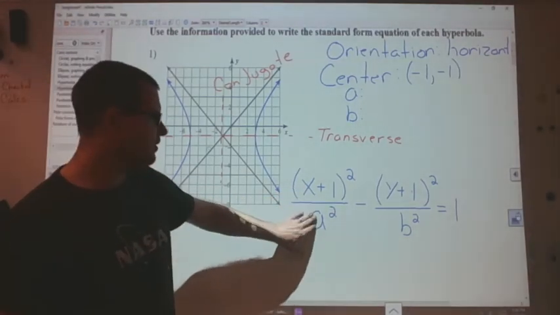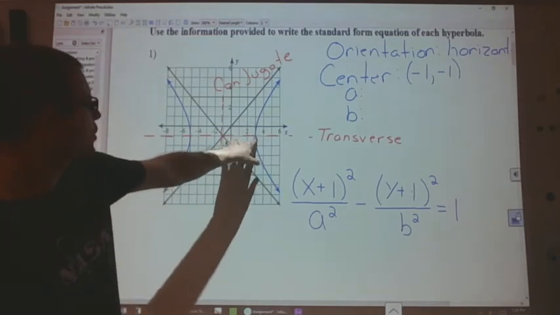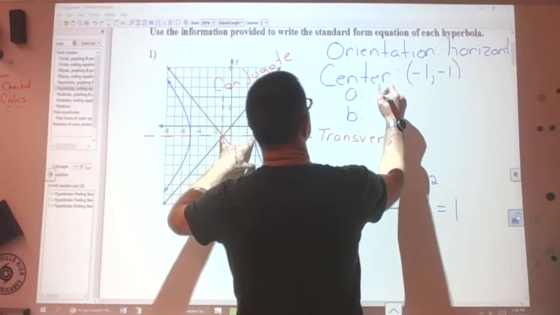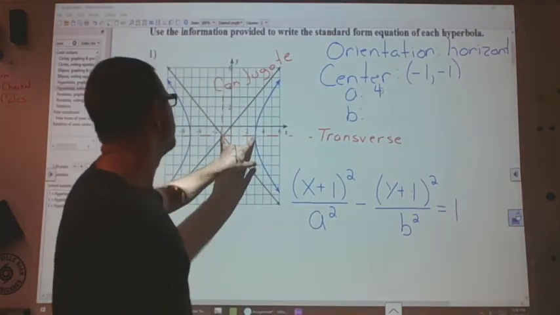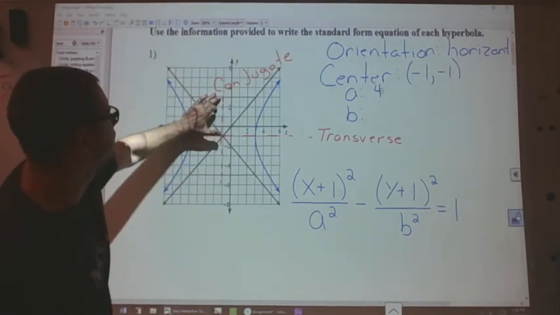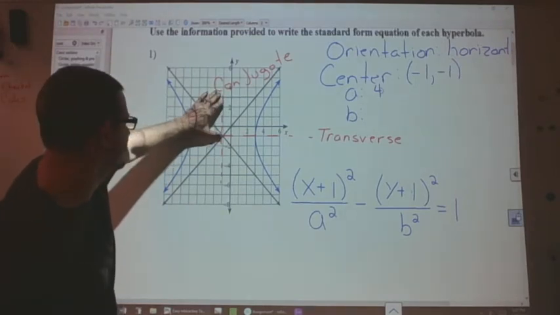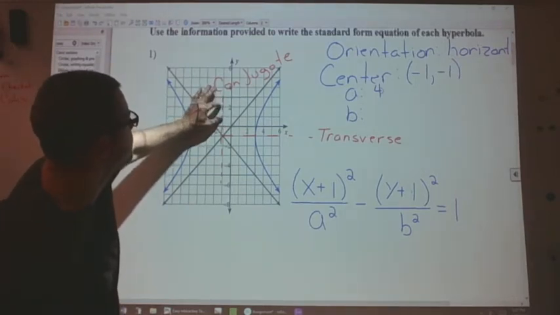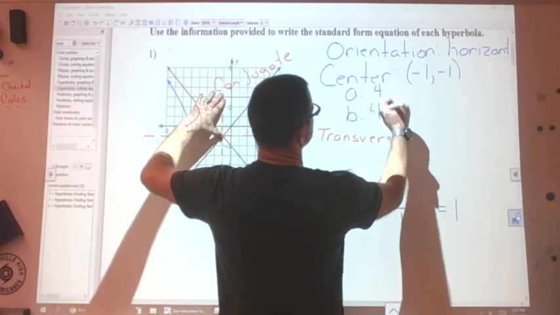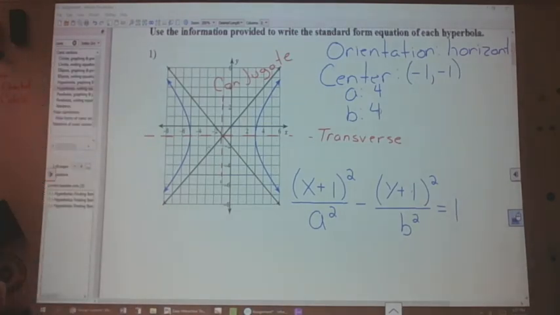For a, the thing that goes under x, from the center I go 1, 2, 3, 4 units. So a is 4. For b, if I see this central rectangle here, I know I go from the center 1, 2, 3, 4 as well. Yeah, 4. So it is a central square, which means both of those on the bottom will be 16.